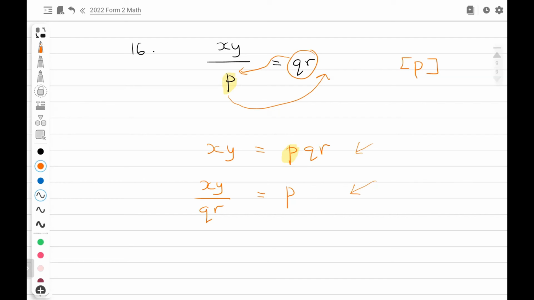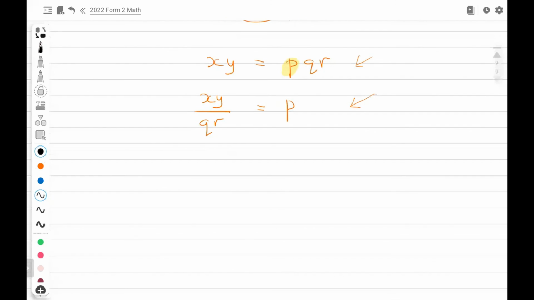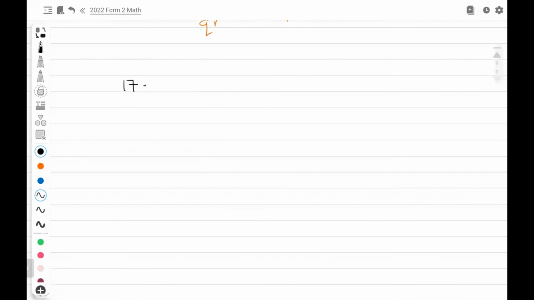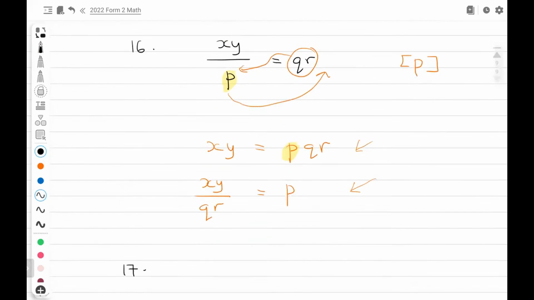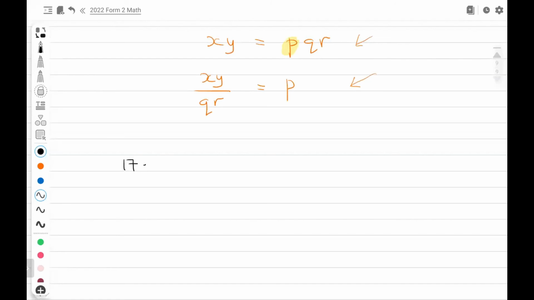Is that okay for number 16? You try one more, 17. Okay, not yet. Okay, 17. The one I give is a hard one. Maybe you won't see such hard ones in the exercise. Yeah, on purpose I give the hard one. Okay, 5p equal to 4m plus 3.